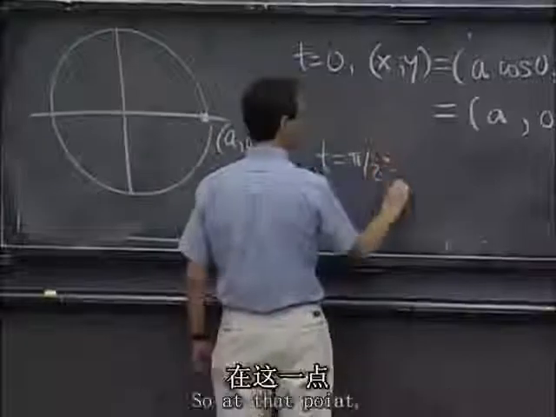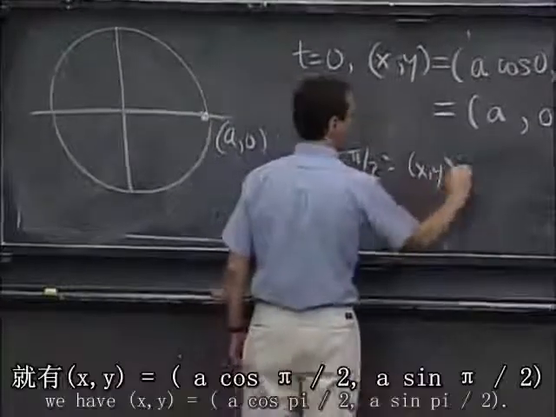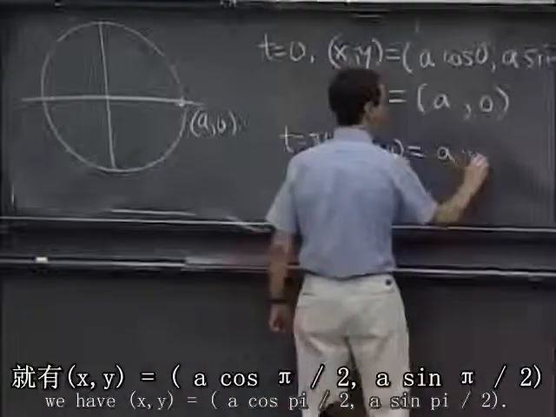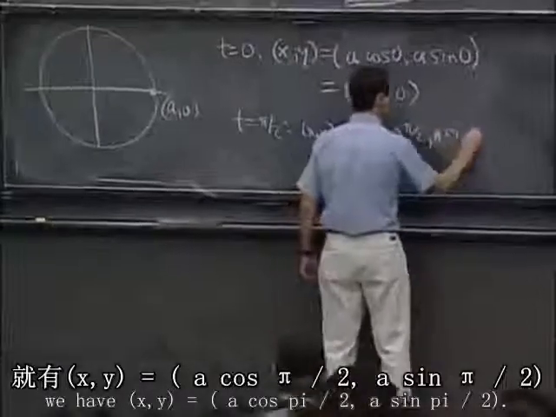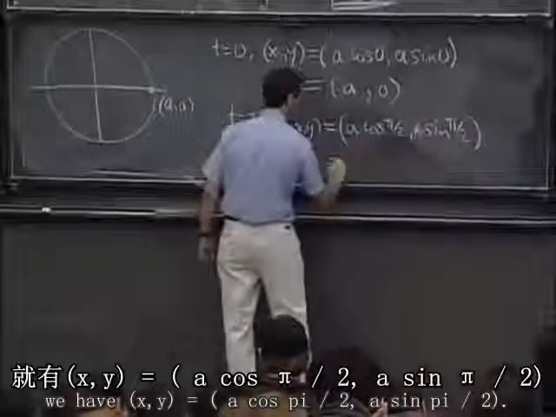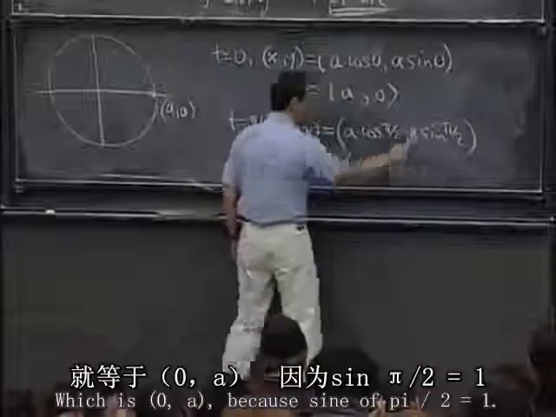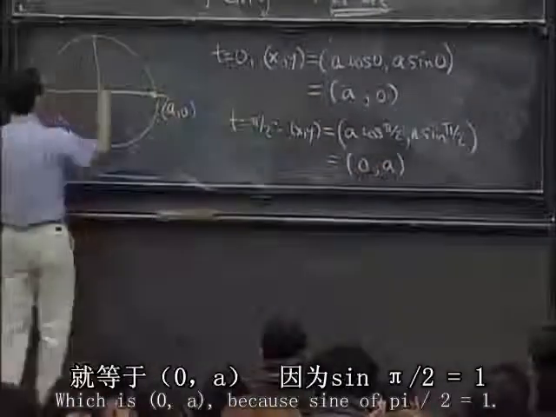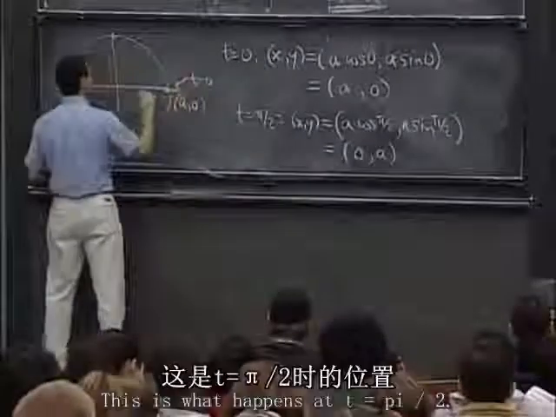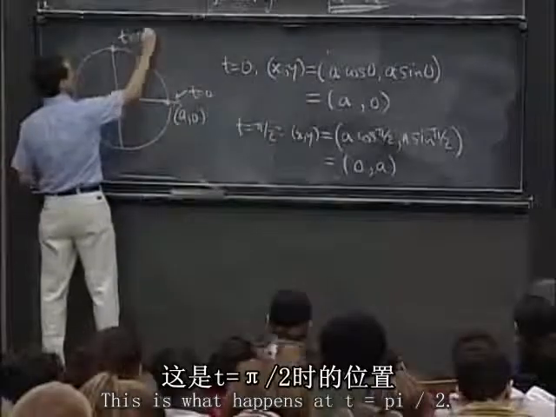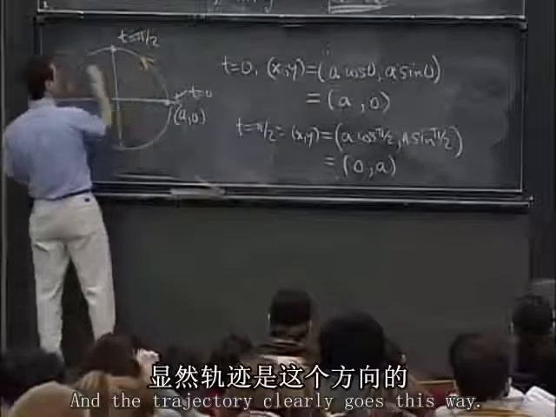So at that point, we have x, y equal to a cosine pi over 2, a sine pi over 2, which is 0, a, because sine of pi over 2 is 1. So that's up here. So this is what happens at t equals 0. This is what happens at t equals pi over 2. And the trajectory clearly goes this way.